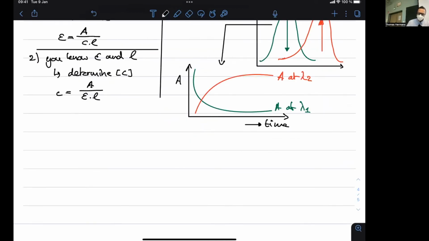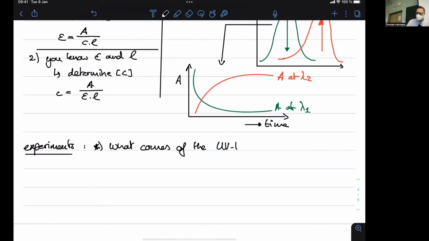So when we look at the experiments, what comes out of the UV vis spectrometer?